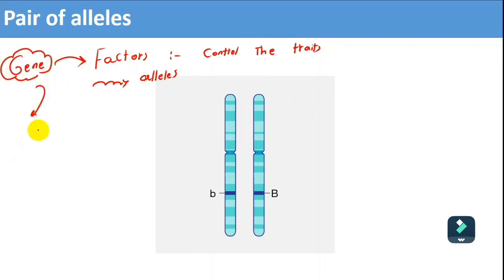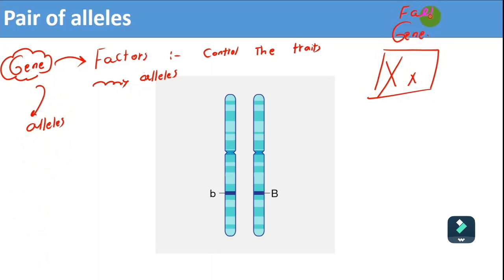Each gene can be expressed in the form of alleles. What is meant by alleles? For example, if I say that we have X capital, X small, this is the gene, in general called a gene or a factor. And this factor consists of two alleles. One allele is taken from the male and the other is taken from the female.